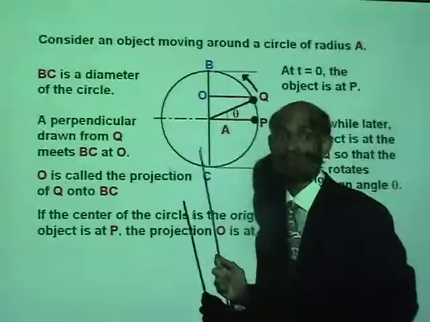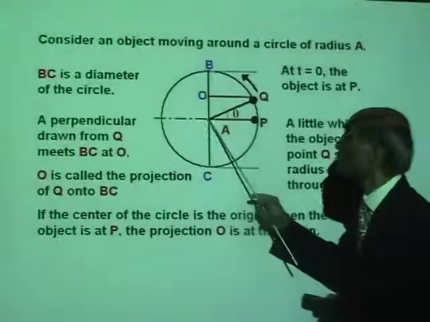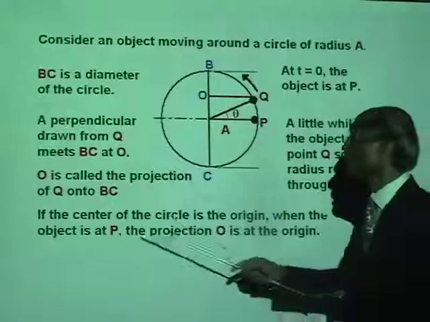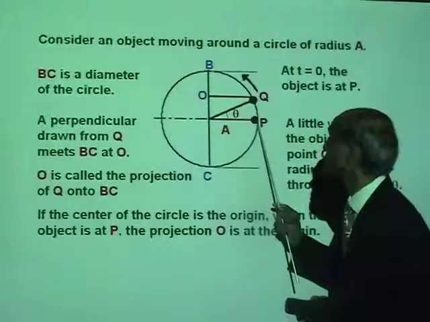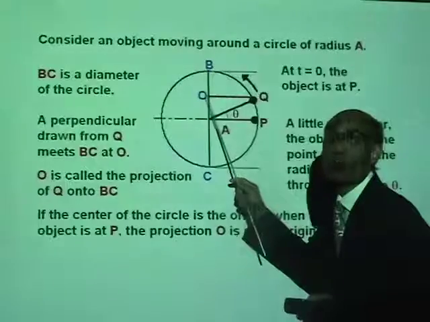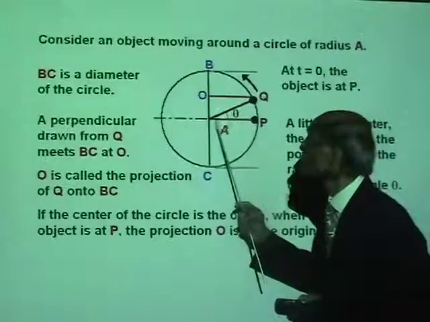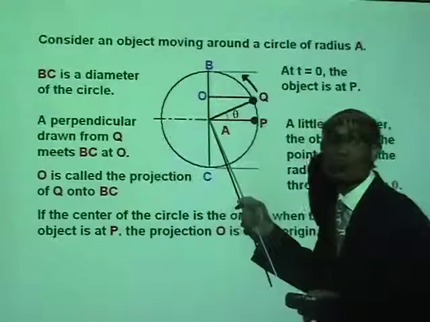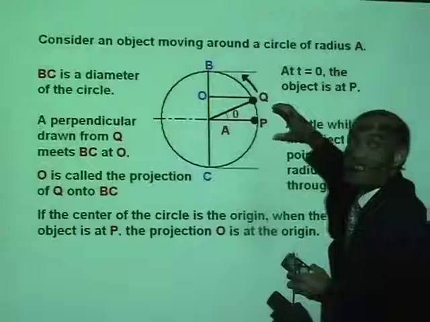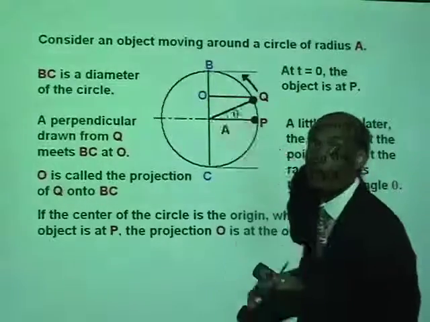Listen very carefully. If the center of the circle is the origin, so this is the origin here, the center of the circle. When the object is at P, where will this projection O be? When the object is at P, the projection will be at the origin here. Is that right? If I shine the light now here, the shadow of this P will be over here.